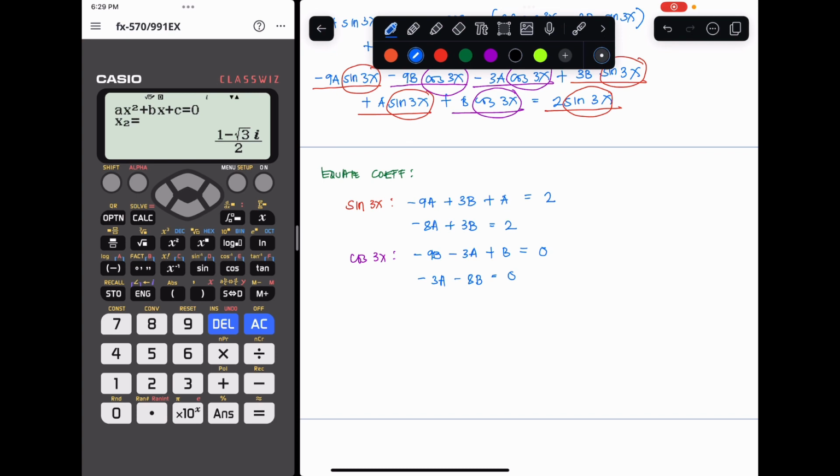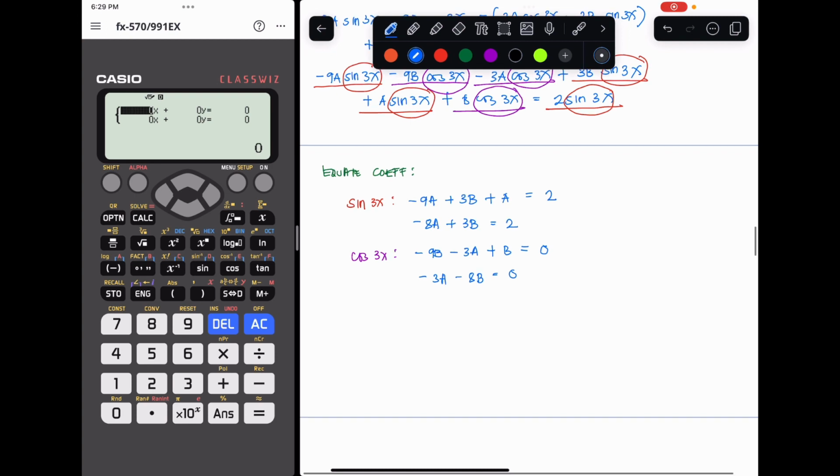Okay, so now we have our two equations. There are two unknowns, which are a and b. So I'm going back to the equation function on my main menu. It's simultaneous equation, so that will be 1. There are two unknowns, so therefore I'm going to press 2. I'll start with the first equation, which is this one.